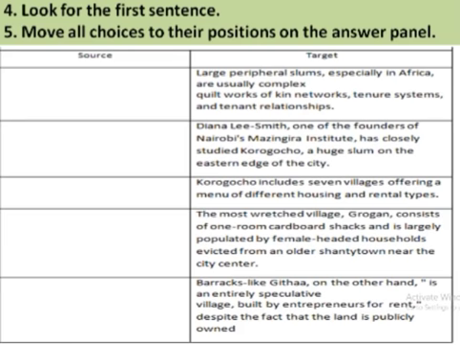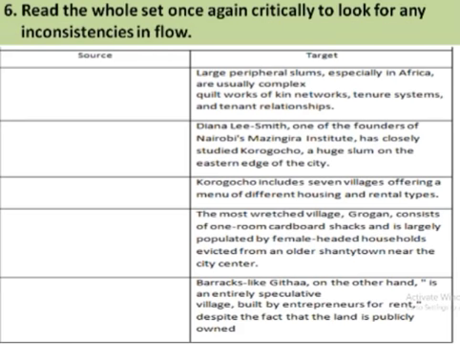So of course we can see the Africa one should be the first one. So we'll place it there at the target place. All the choices will be moved to their positions, and then we'll read the whole set once again critically to look for any inconsistencies in flow.